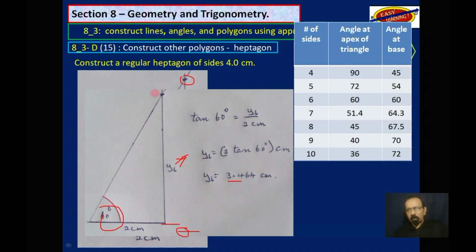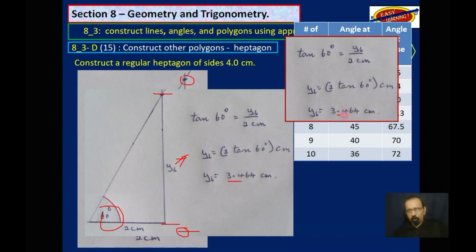So from here to here, and this is another way that you could find that center, by calculating how far it would go up this perpendicular bisector. So that was for six sides.